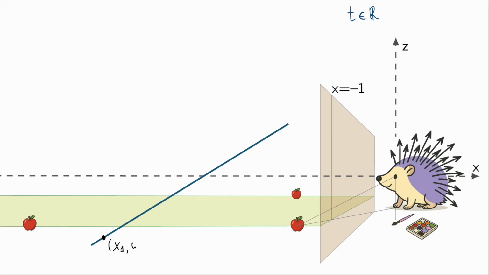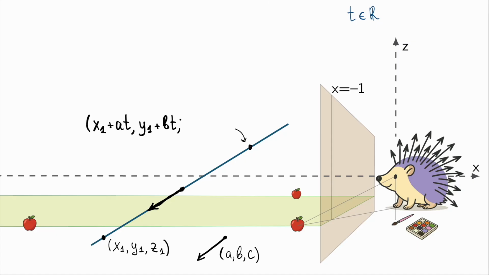Let's say a line goes through the point x1, y1, z1, and its direction is given by the vector a, b, c. This is just how we can set a straight line. Then any point on this line can be written as x1 plus at, y1 plus bt, z1 plus ct.